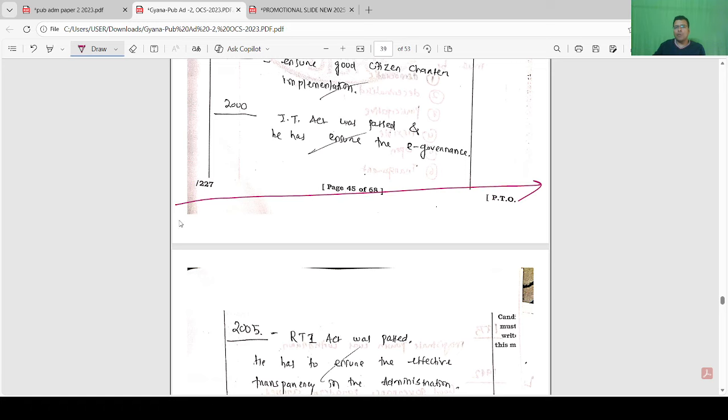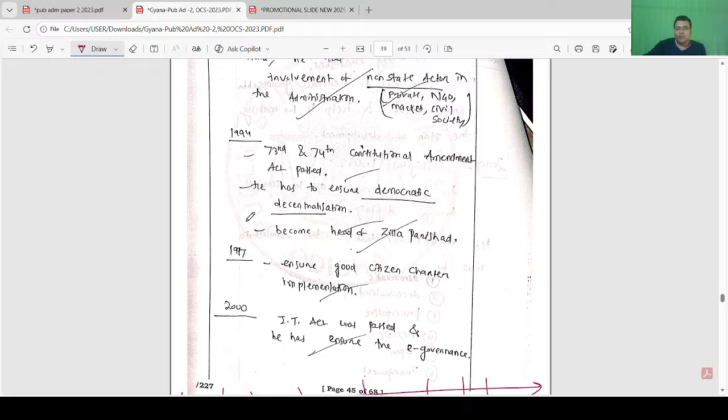I have this common diagram from class: 1947, 1991, 1992, 1997, 2000, 2005, 2015, 2013. So he has written in this way.